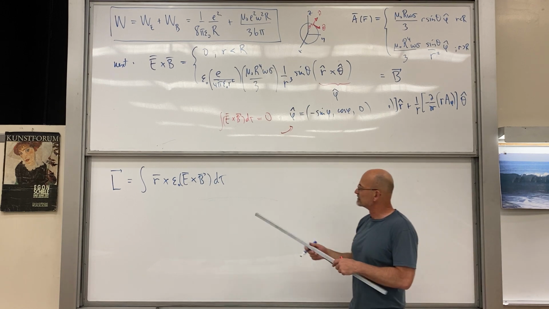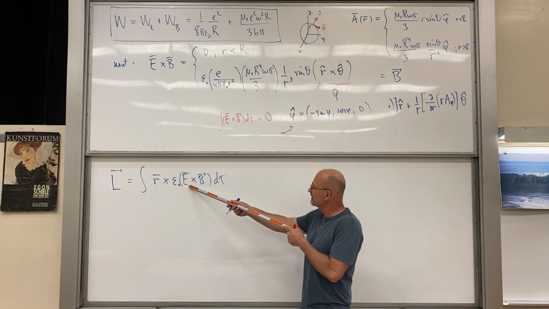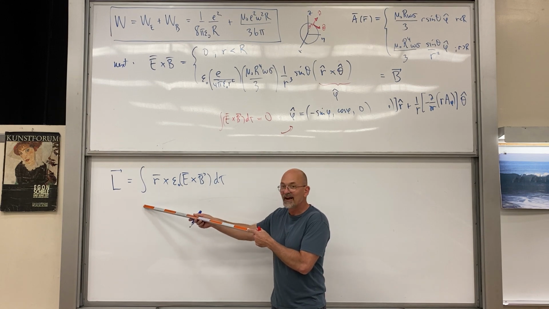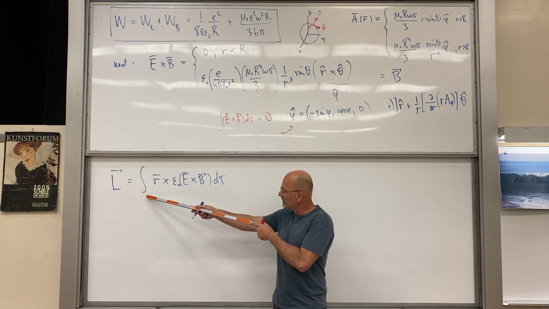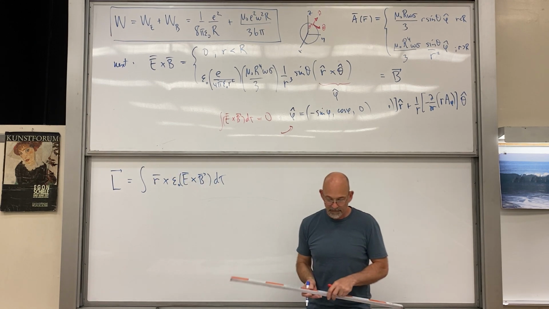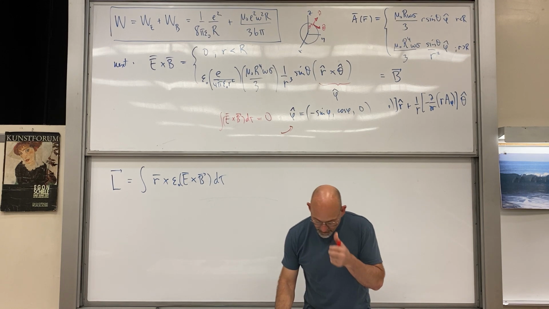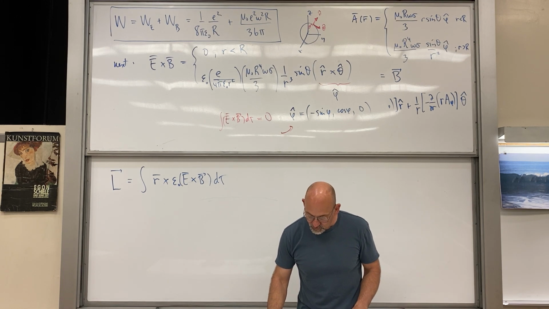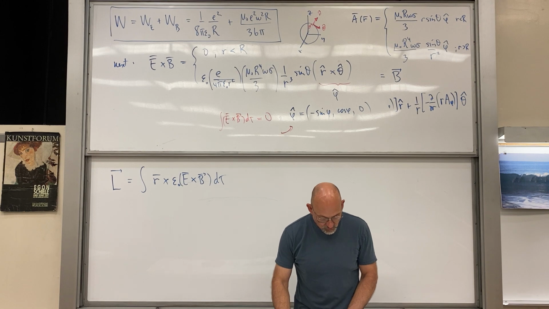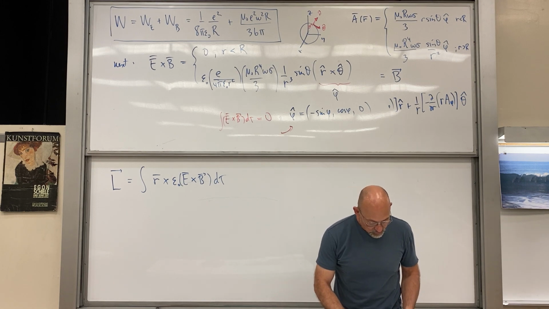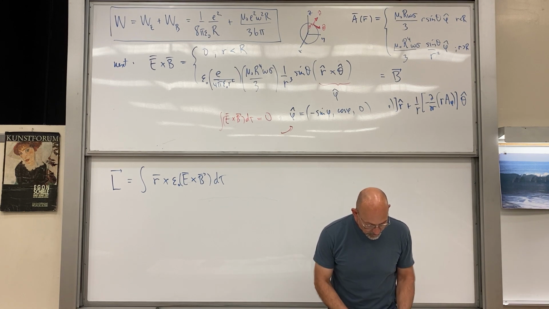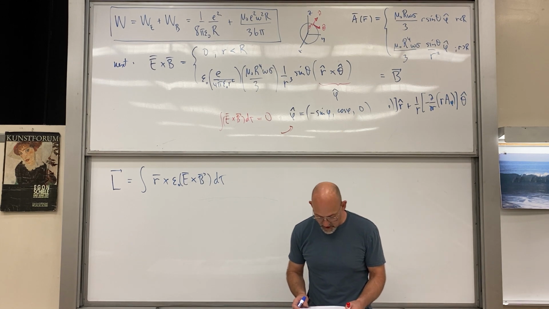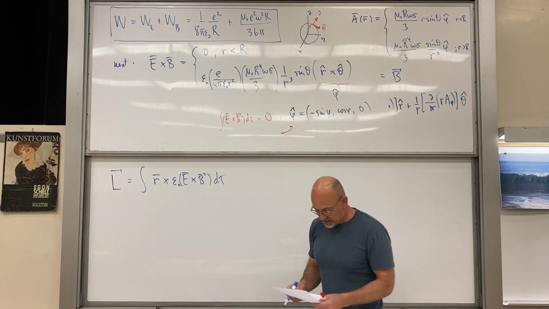And again, E's going to vanish inside, so we're just outside the sphere of radius to infinity. Let's see what I have written down here. Yeah, so we can pull out the epsilon naught.